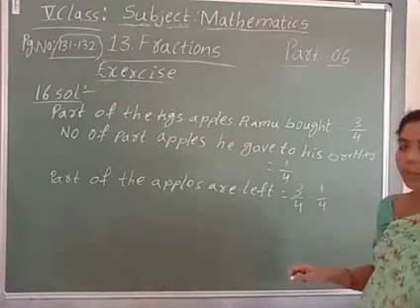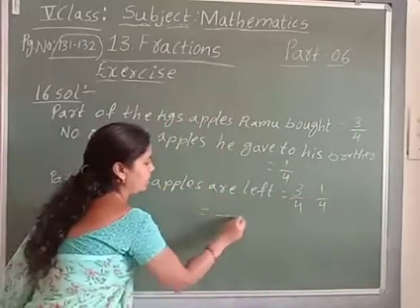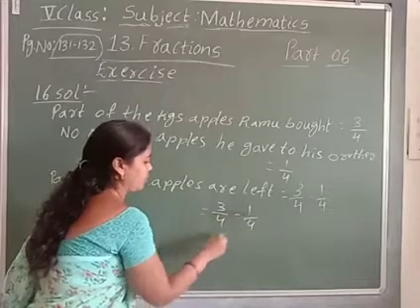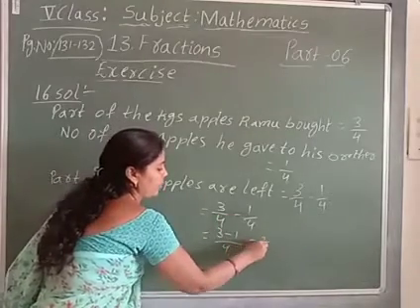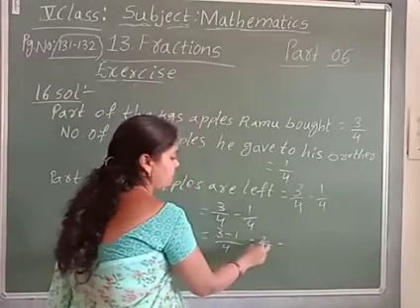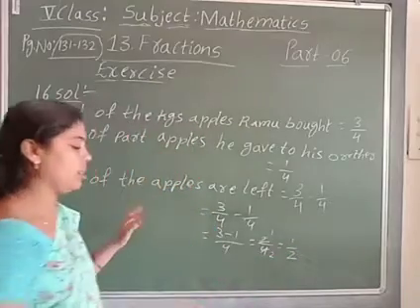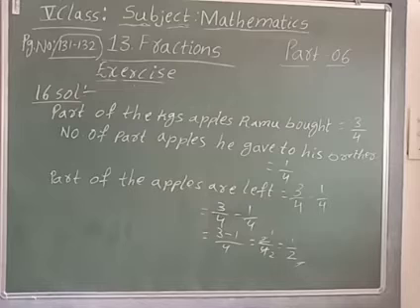The denominator is equal now. 3 by 4, I am writing this clearly. So 4, 3 minus 1, 2 by 4. 2 by 4, so you will cut it now. 2 ones are 2, 2 twos are 4, 1 by 2. So this is the answer. Okay children, write down, practice it, and do the remaining problems also. Okay children, bye.